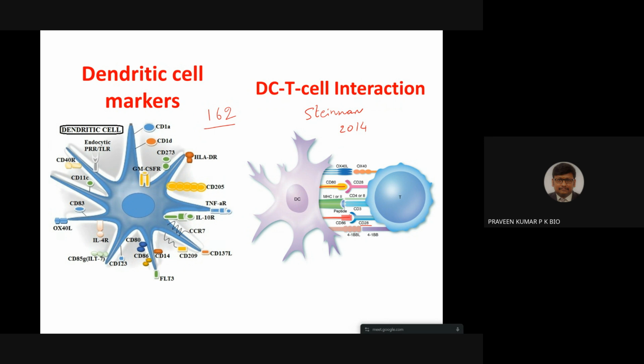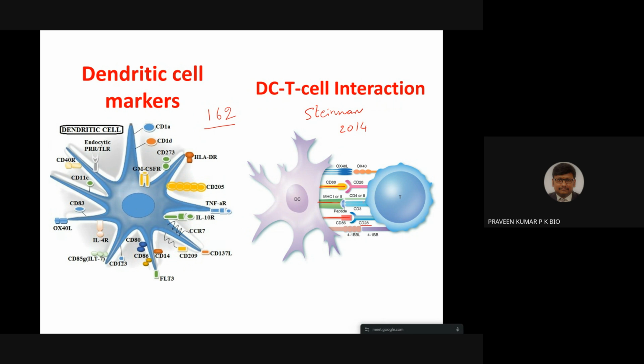And other than these co-stimulatory molecules, as I mentioned earlier, the interaction of MHC1 or 2 with CD8 or CD4 can influence the activation. So just CD80/86 binding is not sufficient. Along with CD80/86, the MHC molecule also has to bind.